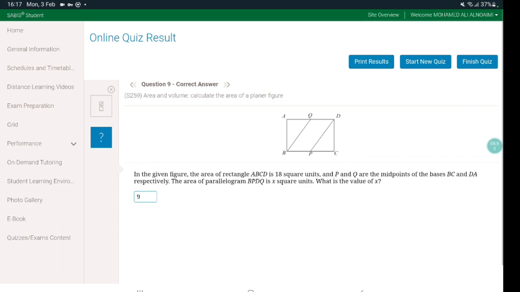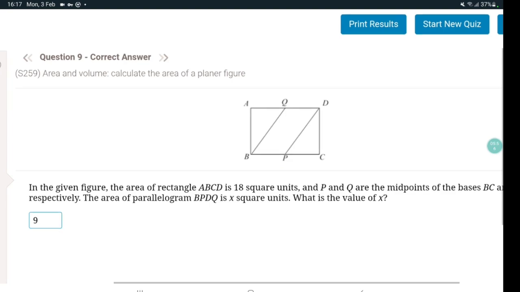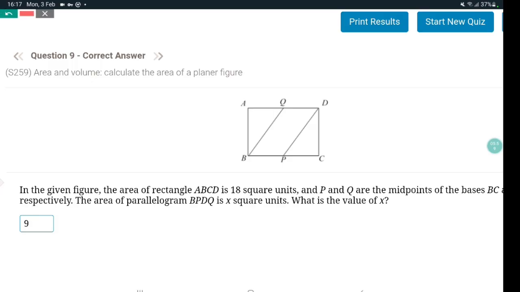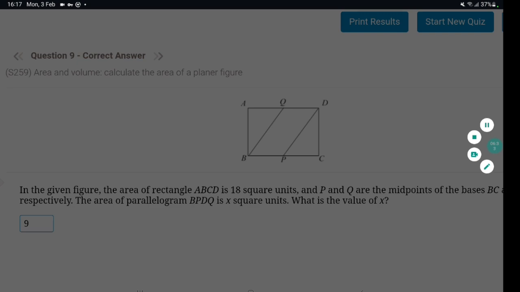Now for this, our teacher said it's one of the difficult questions, but it's actually easy. They're saying that this rectangle ABCD, the area of it is 18 square units, and P and Q are midpoints.